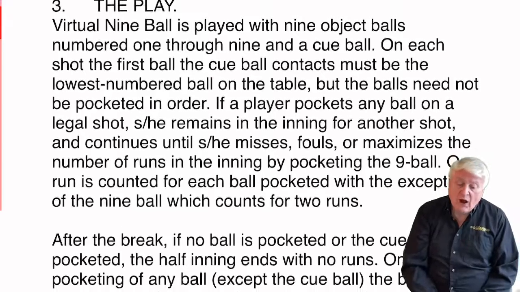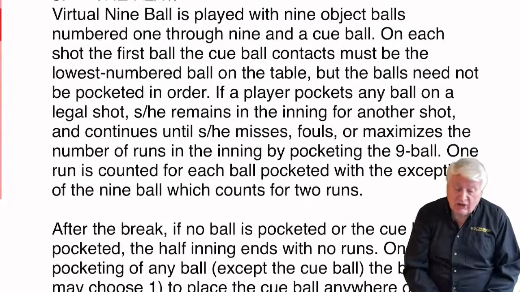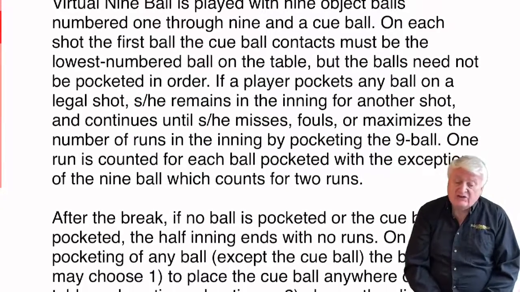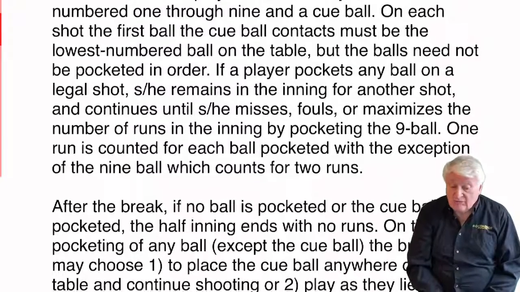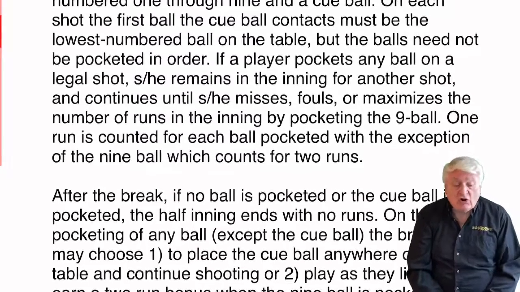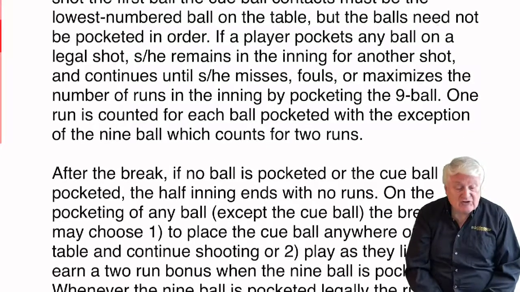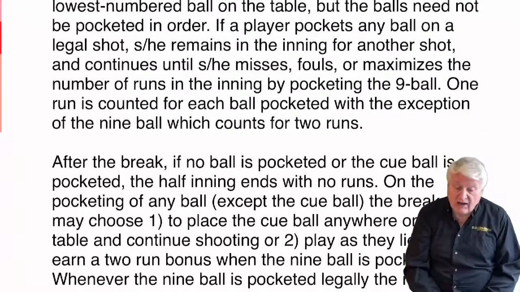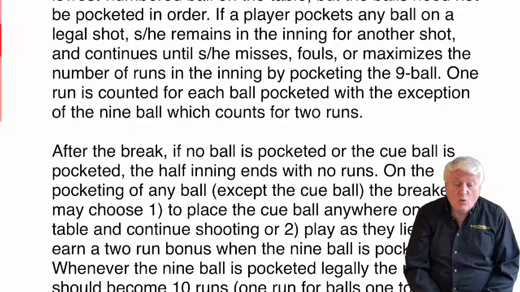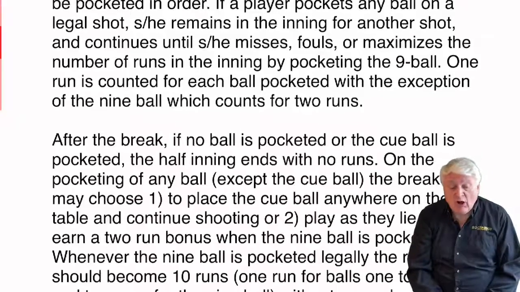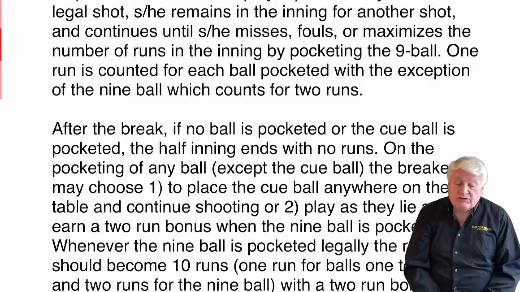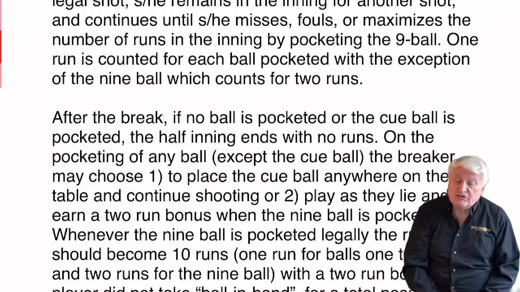If a player pockets any ball on a legal shot, she or he remains in the inning for another shot and continues until she or he misses, fouls, or maximizes the number of runs in the inning by pocketing the 9-ball. 1 run is counted for each ball pocketed, with the exception of the 9-ball, which counts for 2 runs.